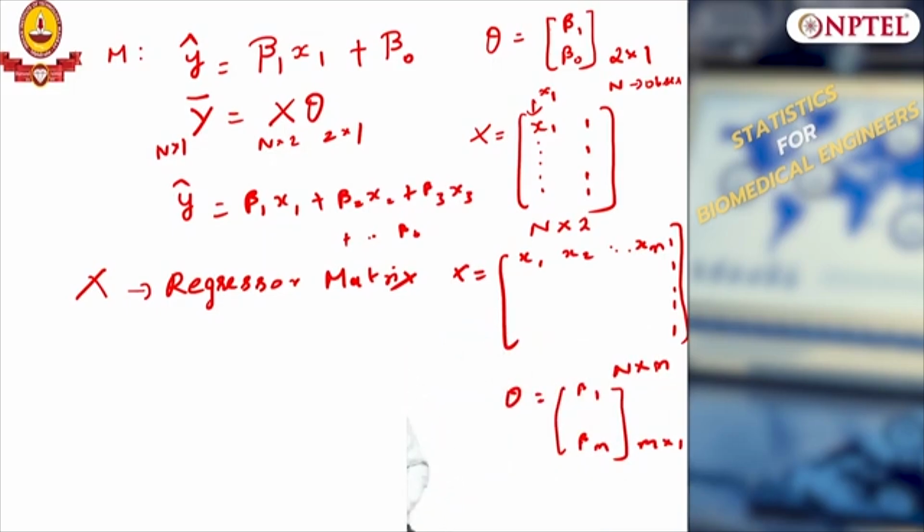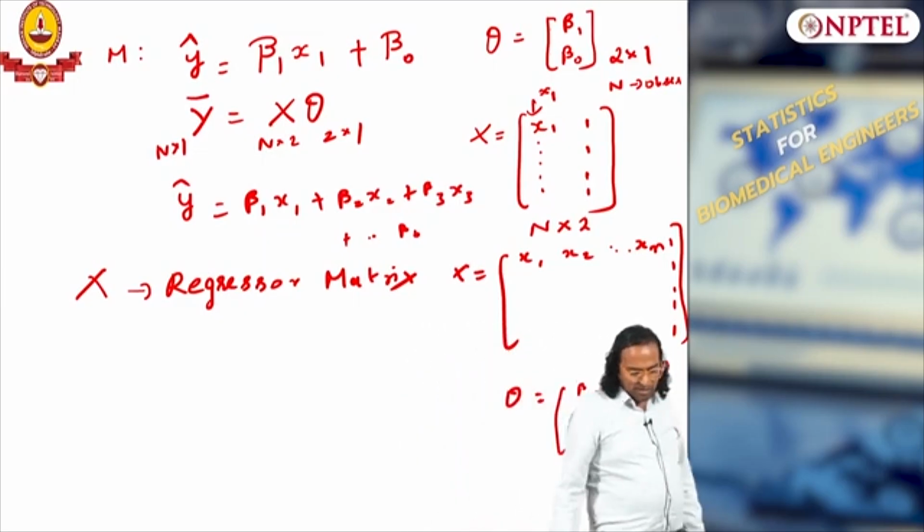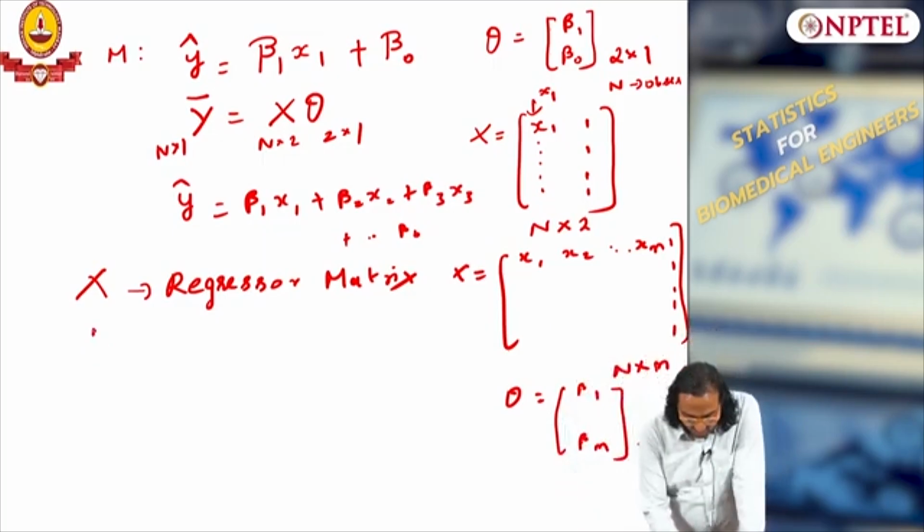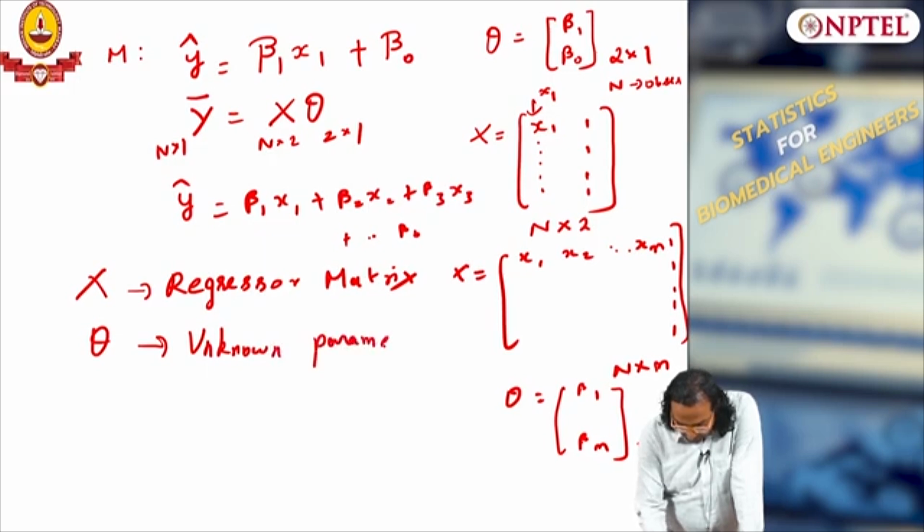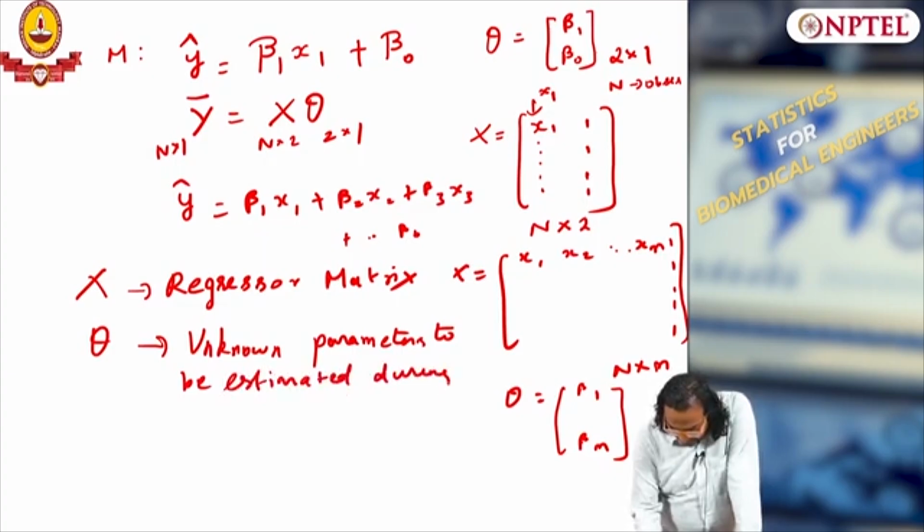So, that is what is regressed. So, this is your regressor matrix and your theta is your unknown parameters to be estimated during training.